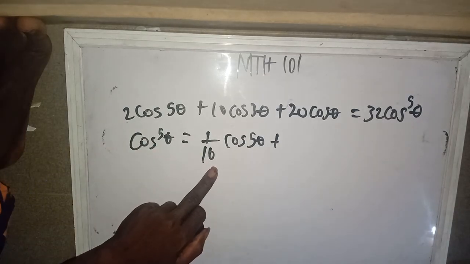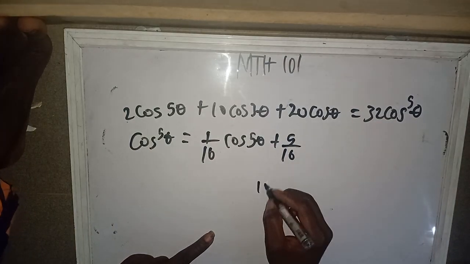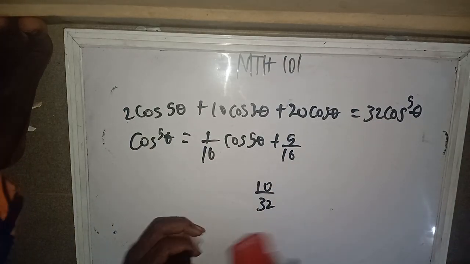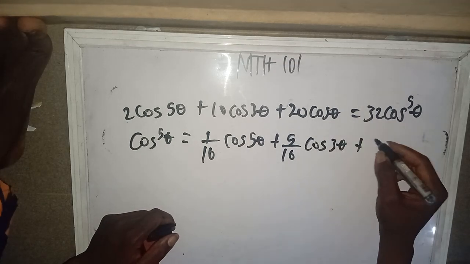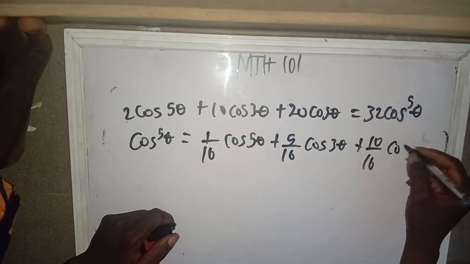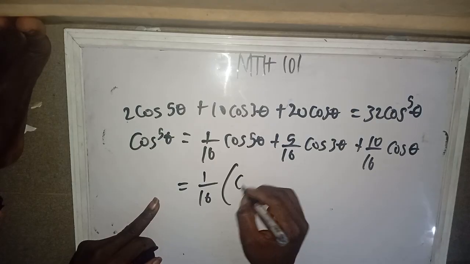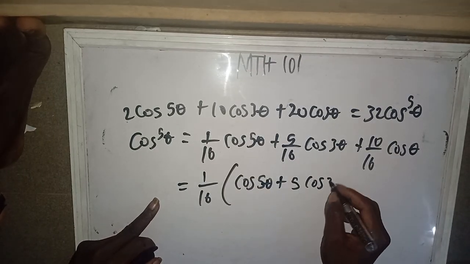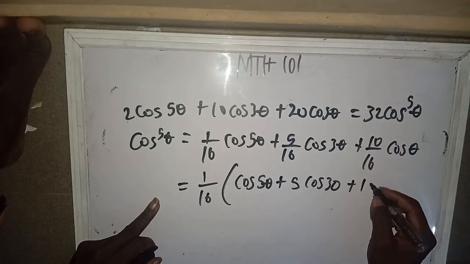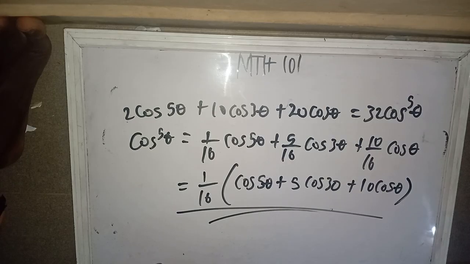This over 32, you have 1 over 16. This over 32, you have 5 over 16 cos 3 theta, plus 10 over 32 equals to 5 over 16 cos theta. So here you have 1 over 16 into cos 5 theta plus 5 cos 3 theta plus 10 cos theta. So if the question is cosine, this is what we get.